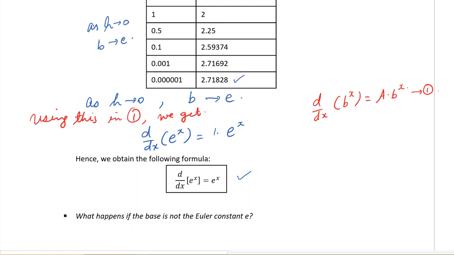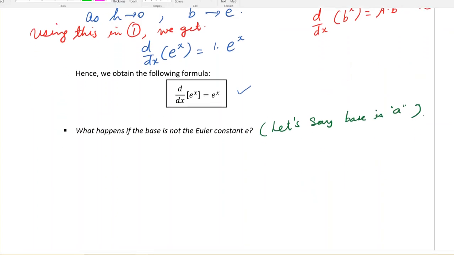So what if our base is not e? Let's say our base is some other number, A. What happens in that case?